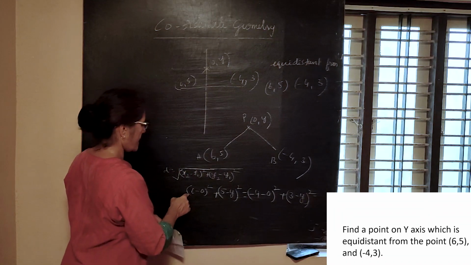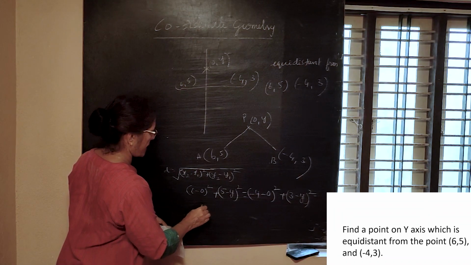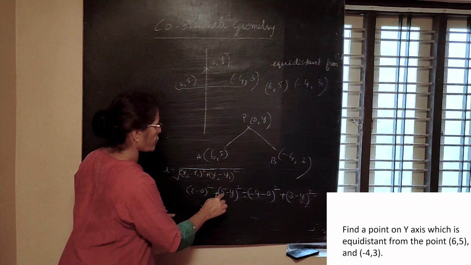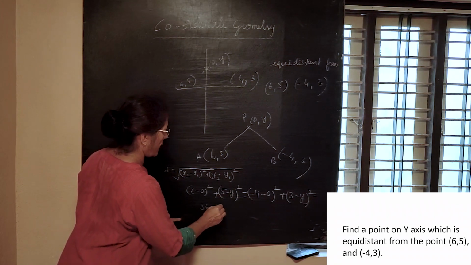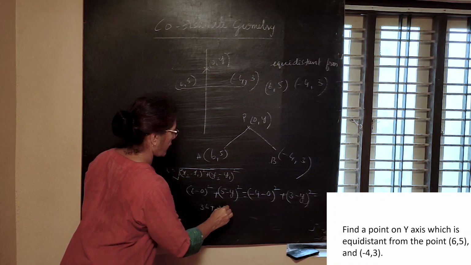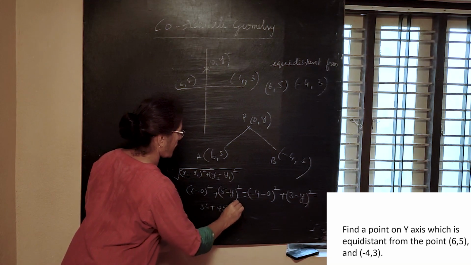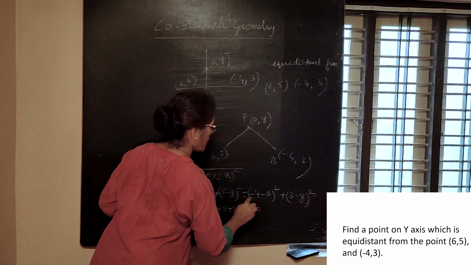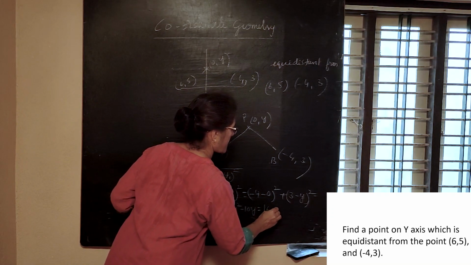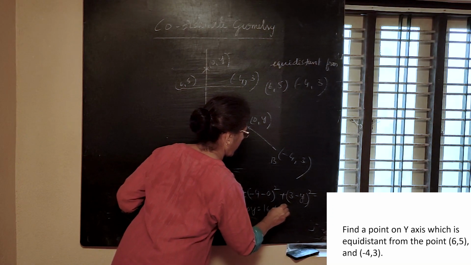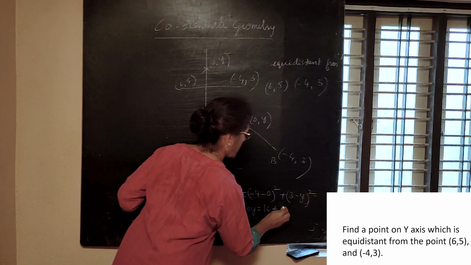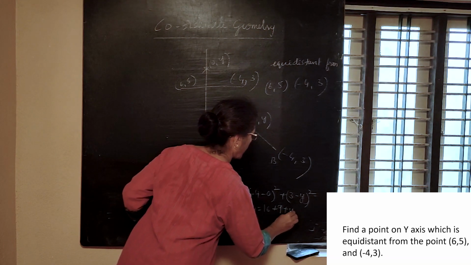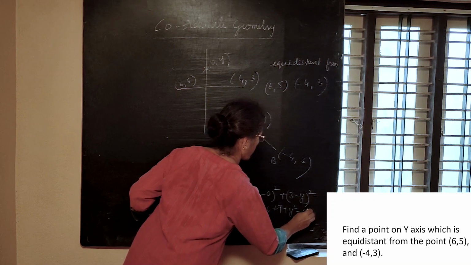So I get 6 square, 36, plus, using (a minus b) the whole square, 5 square 25 plus y square minus 10y, is equal to minus 4 the whole square, 16, plus 3 square 9 plus y square minus 6y.